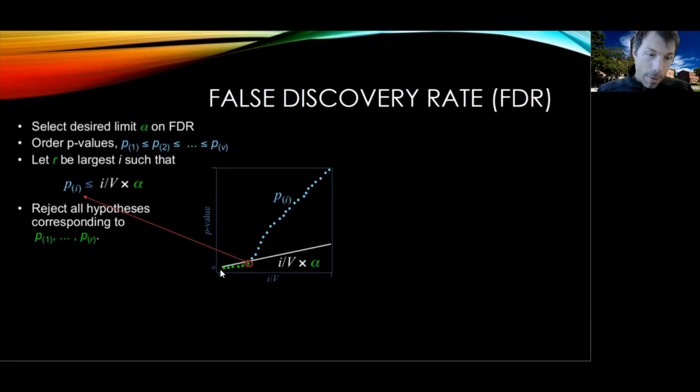So you order them, and you consider active all the voxels up to and including the one for which its p-value is smaller or equal to the number of voxels we're going to consider active, divided by the total number of voxels times alpha.